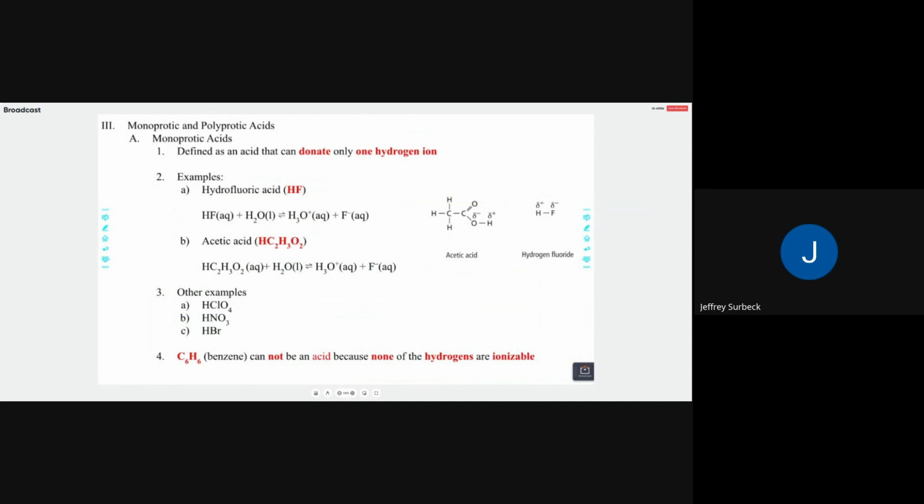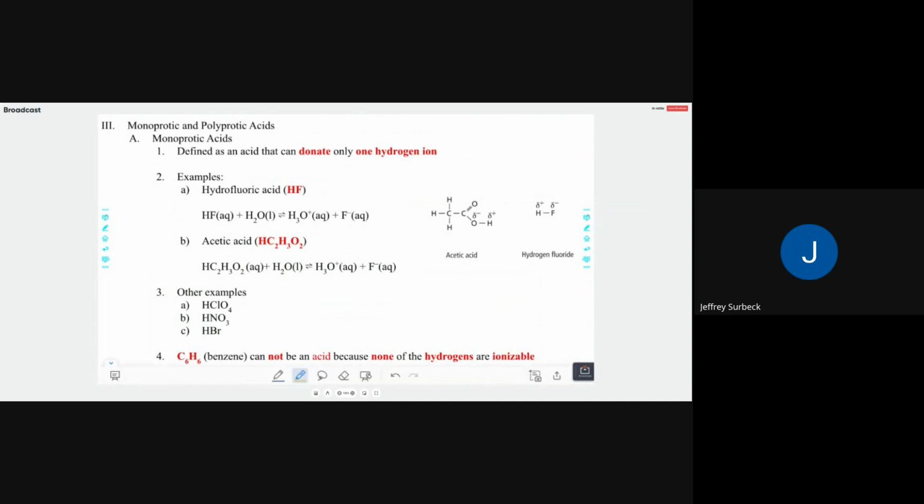Now we get into some final terminology with this section and the different types of acids. So we have a monoprotic acid. Mono, if we just break it down, just means one. If it's monoprotic, that means there's only one H plus that we can actually donate. So up to this point, all of these items can only donate that one particular H plus, okay?